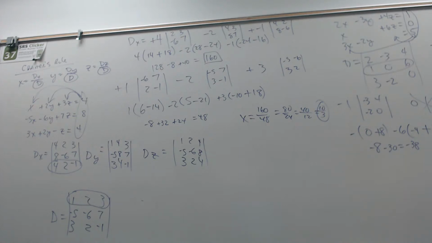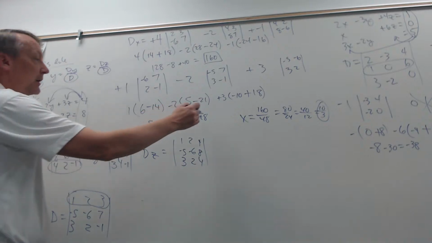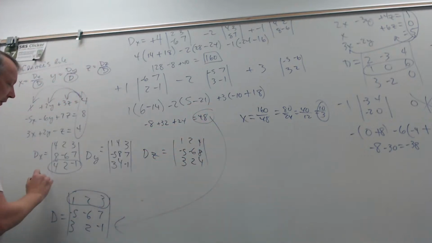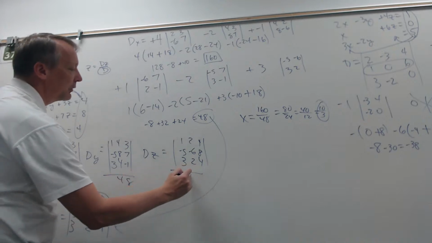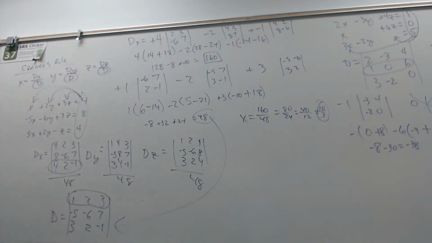I completely made this up. That's why they're nasty numbers. When we got 48, is that what we use for D on all three? Yeah, the 48 is what we're gonna use for D on all these. So all of these are gonna be divided by 48. I don't need to figure that out again.